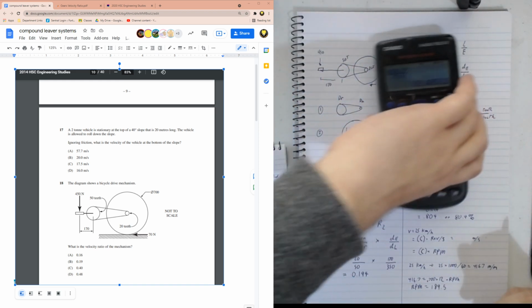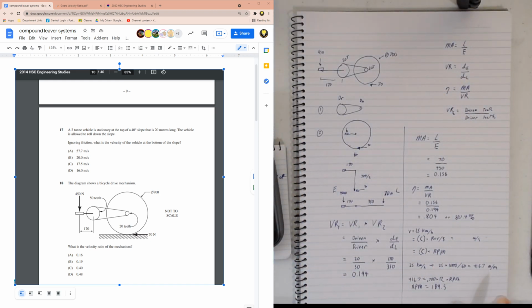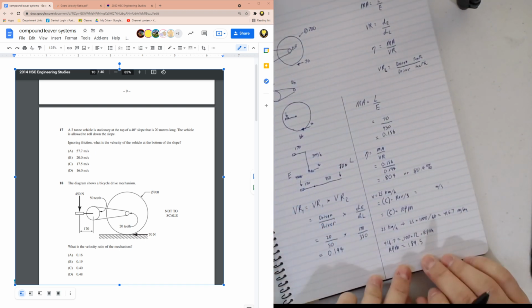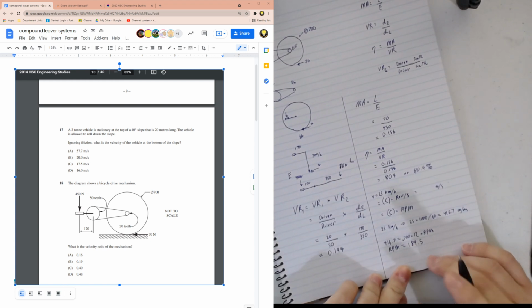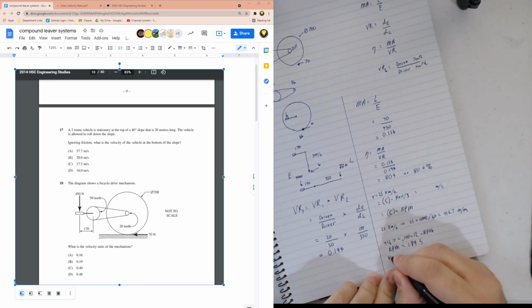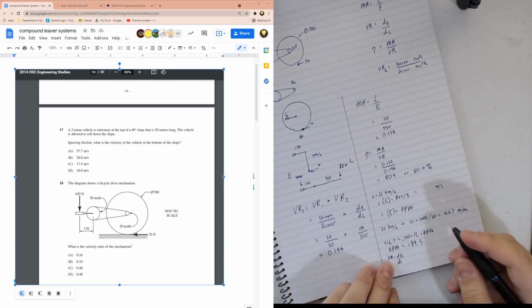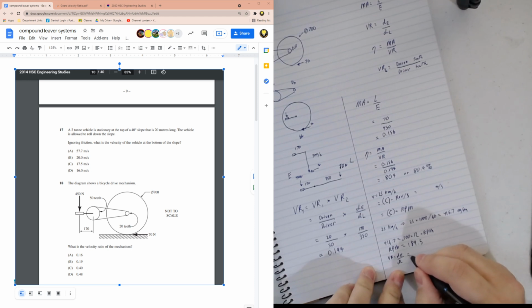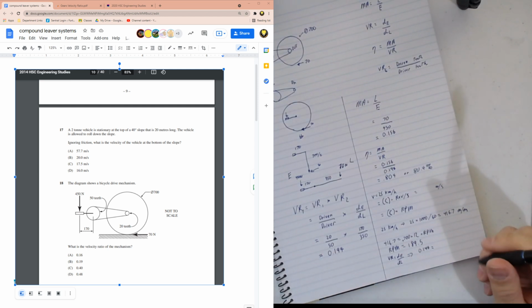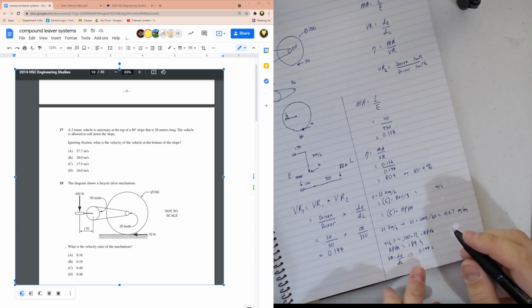So that's our RPM. Then I'm going to try to fit this all onto one page, so it's easier for you to read. And then over here, to finish us off, we're going to use our velocity ratio equals dE over dL. We know that our velocity ratio is 0.194. When we're doing distance, we can use RPM as a distance because that's revolutions, per minute.